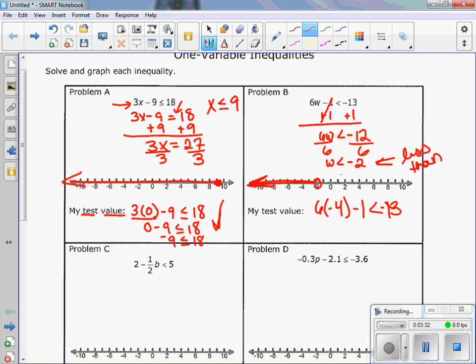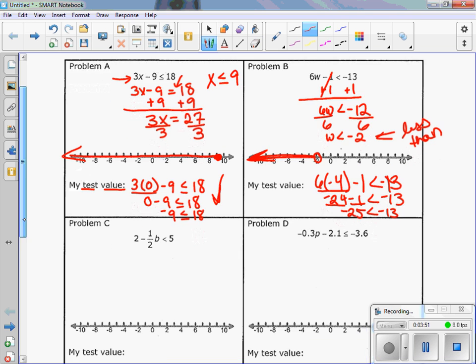Okay, so again, this is negative 24 minus 1. And negative 24 and negative 1 is negative 25. Is negative 25 less than negative 13? Yes, because negative 25 falls further in that direction on the number line than negative 13 does.